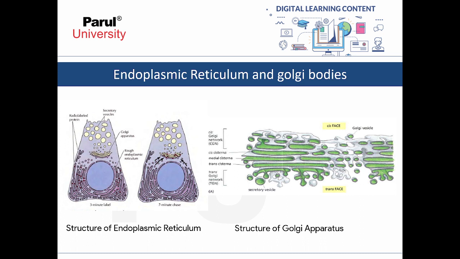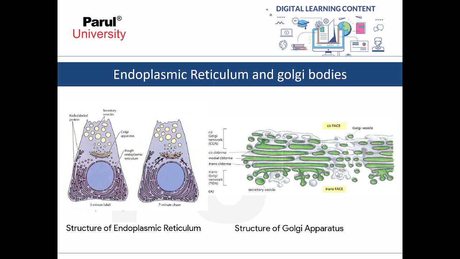Now, let us go back to the Golgi apparatus and the endoplasmic reticulum. When we are talking about transport from the endoplasmic reticulum through the Golgi apparatus, the newly synthesized proteins cross the endoplasmic reticulum membrane from the cytosol to enter the biosynthetic secretory pathway.